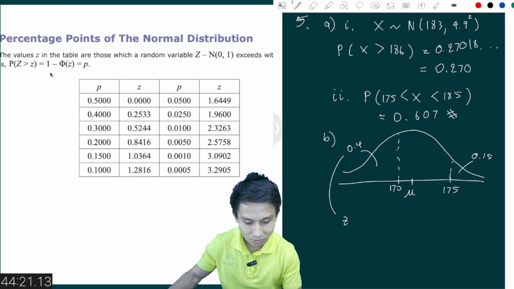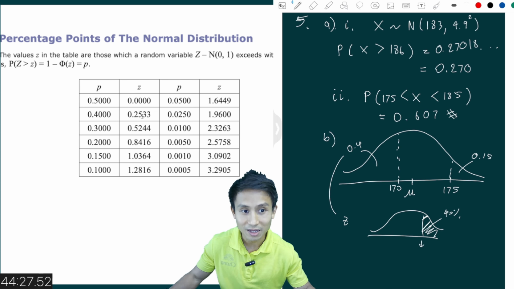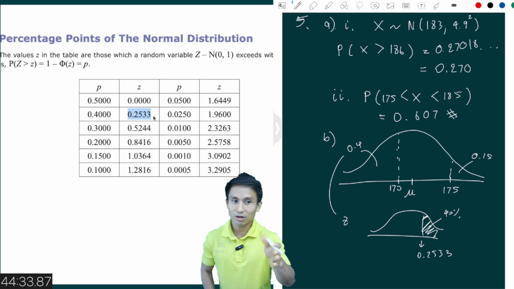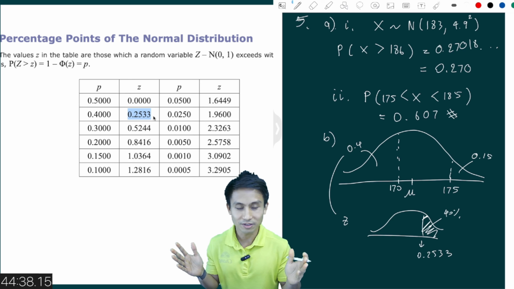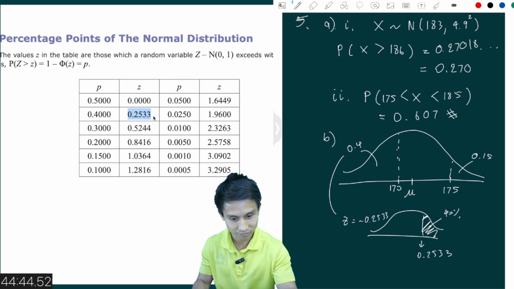So what that table gives you is the 40% here of the right tail, and saying that the z value at that boundary is 0.2533. That's what it's saying. But we want the left tail, so we just use the symmetrical property of the normal distribution. So we got negative 0.2533 instead.